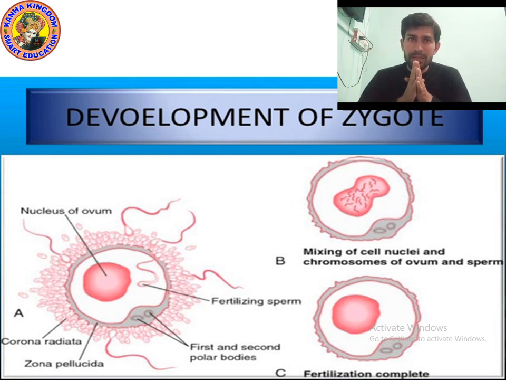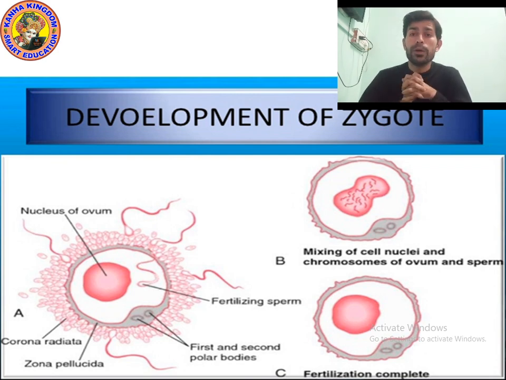The layer around the egg, known as the zona pellucida, does not allow all the sperm inside. It allows only one sperm; only one sperm can reach one egg.